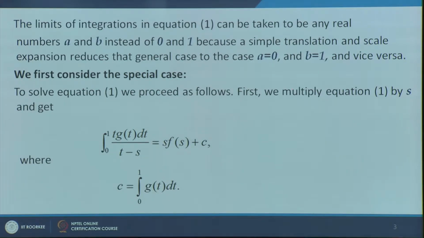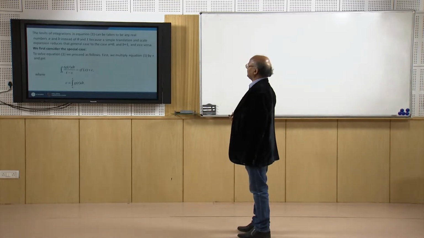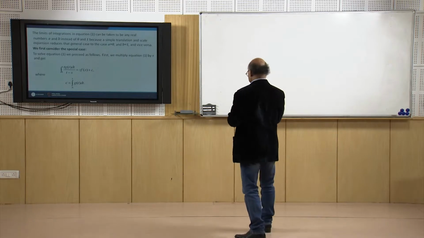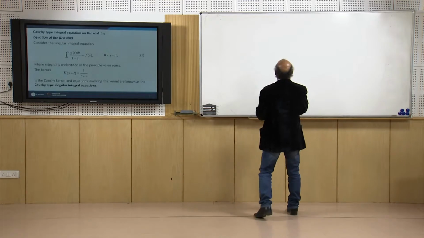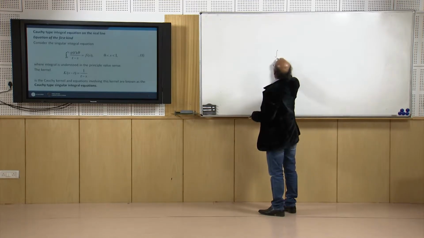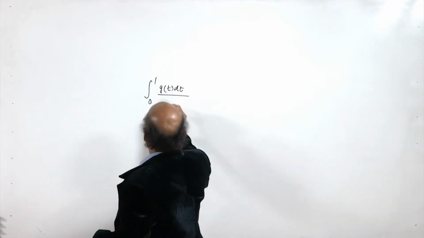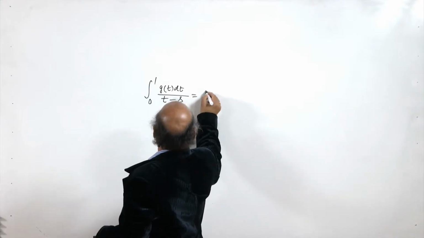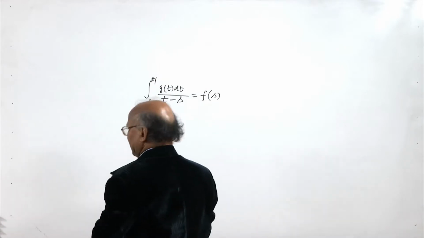Now let us first consider the special case where the limits of integration are 0 and 1. To solve equation 1, we proceed as follows. We have the integral 0 to 1 g(t) dt upon t minus s equal to f(s).